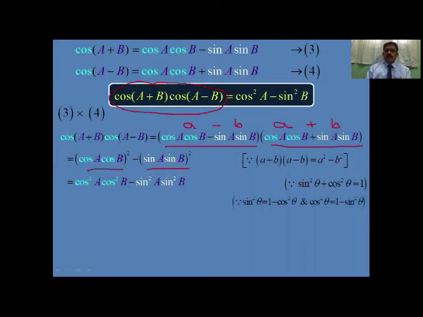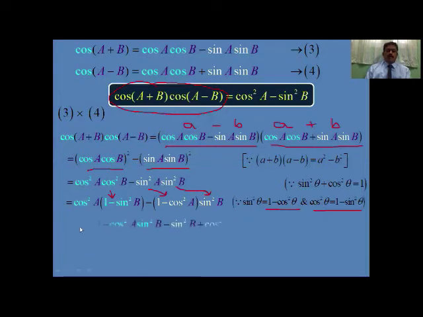Since sin square can be written as 1 minus cos square form and cos square can be written as 1 minus sin square form, I'm going to replace the term as cos square A into, this cos square B can be written as 1 minus sin square B, and this sin square A can be written as 1 minus cos square A. The remaining term sin square B is written as it is here.